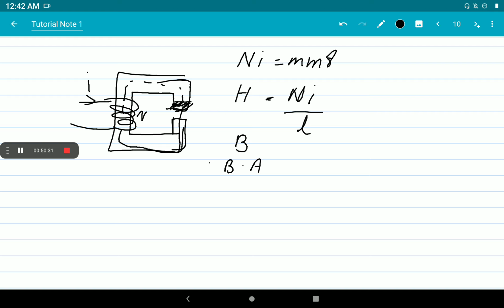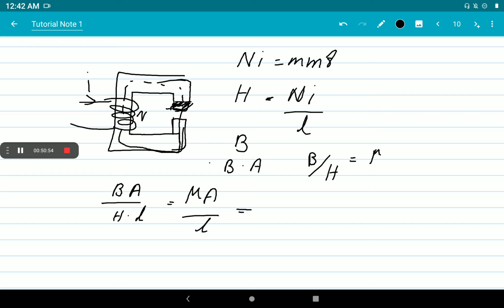So B by H is equal to mu. Multiplying with A by L, we can write it as mu A by L.